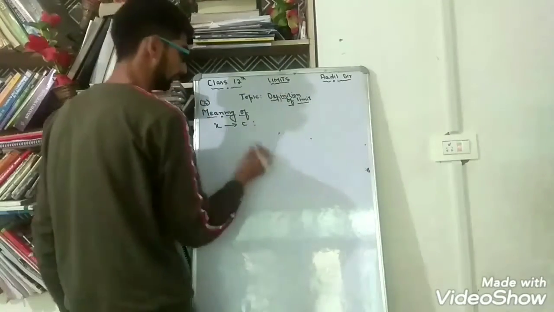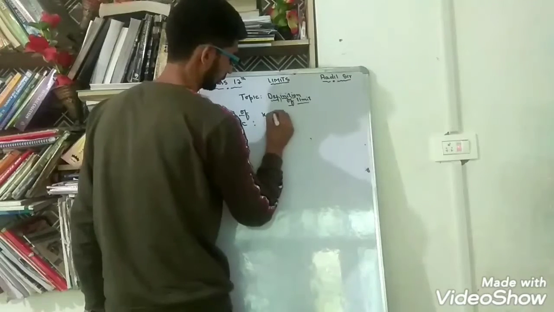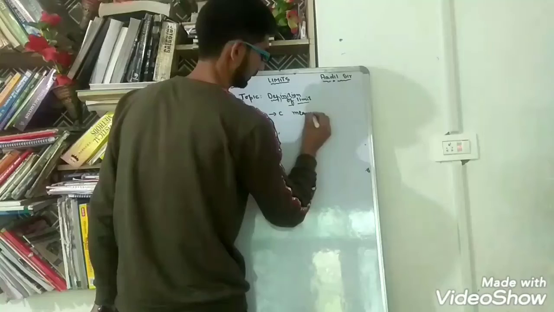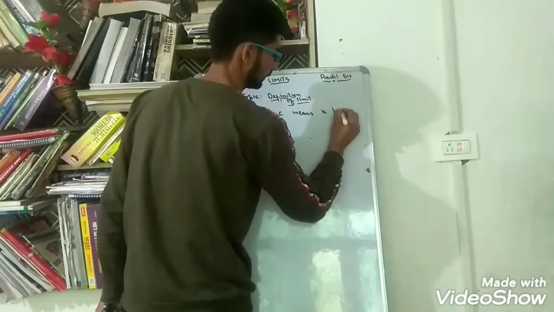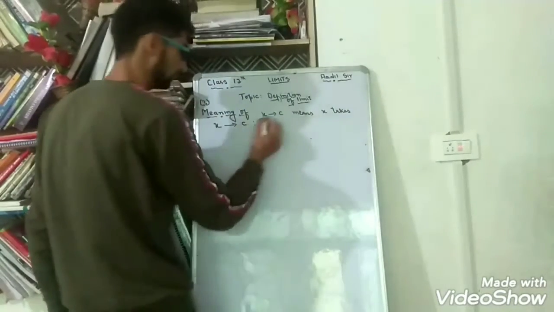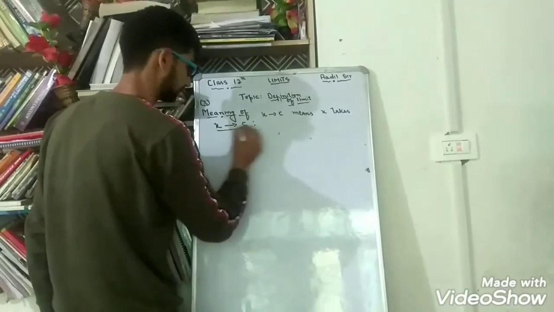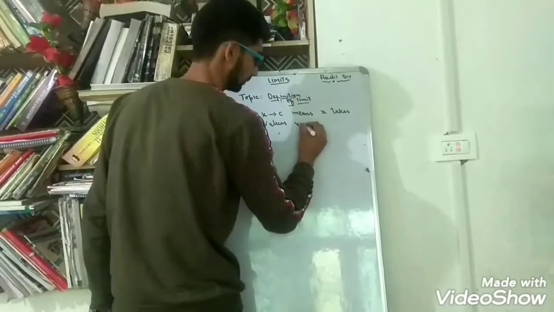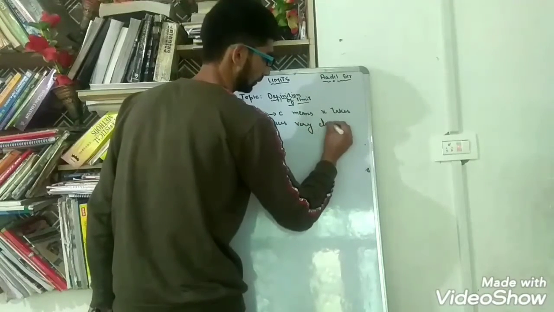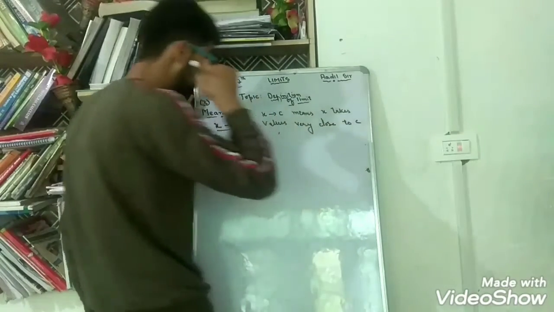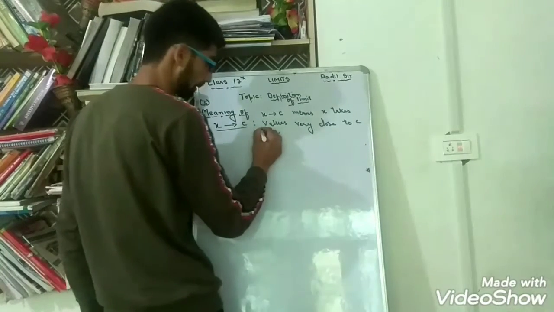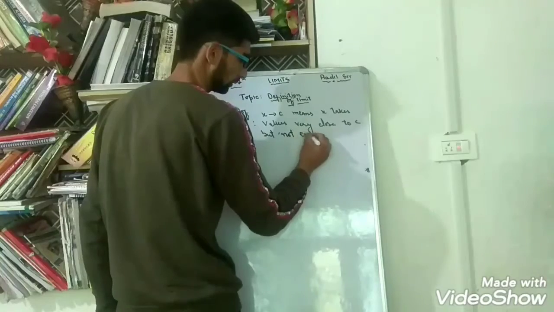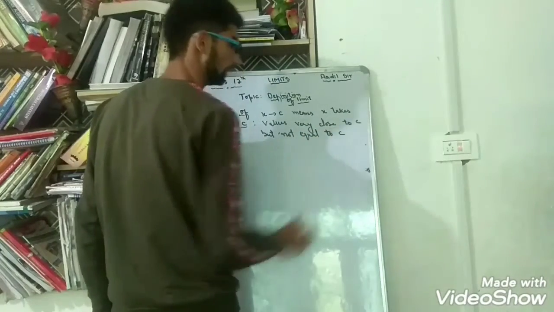So I will write here: x tends to c means x takes values very close to c, but not equal to c.